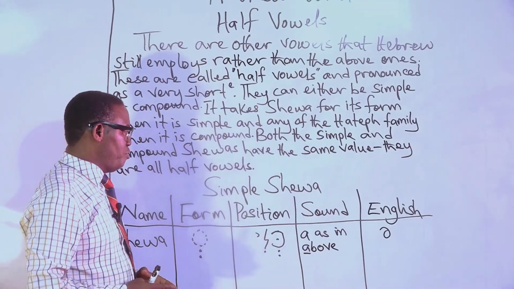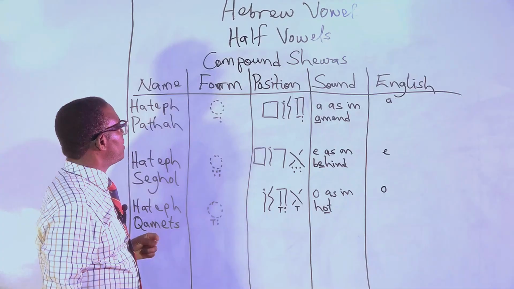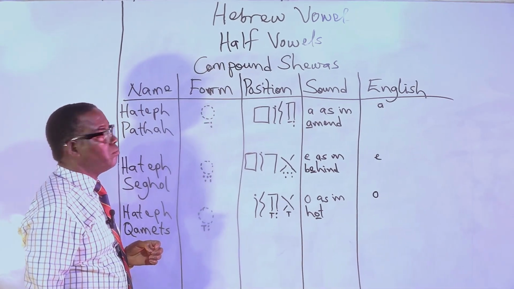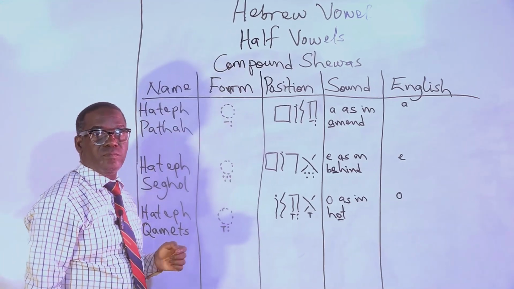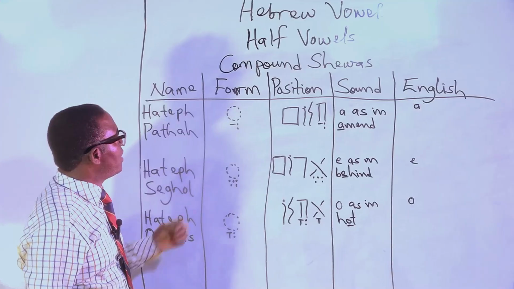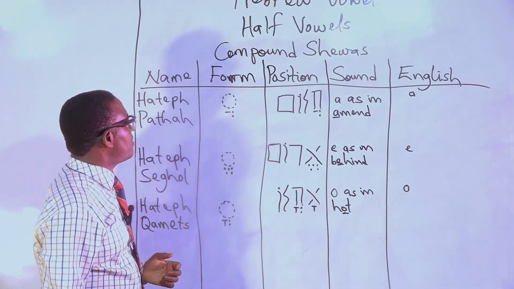Now we go to the compound shewa. Now we come to the three sets of compound shewas.